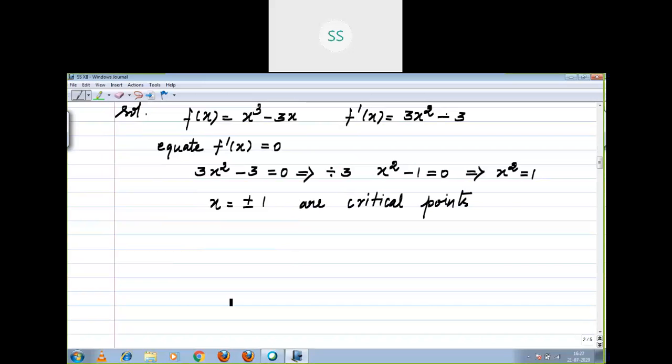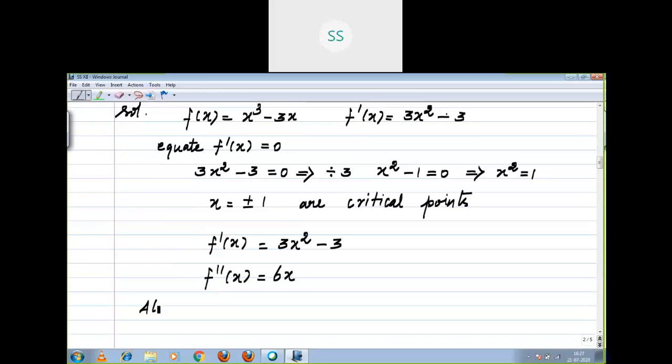Third step you want to do the differentiation again. F dash of x is what? 3x square minus 3. You have to differentiate again. F double dash, second order derivative, 6x, right? Because 3 is constant, when you differentiate it acts as 0.